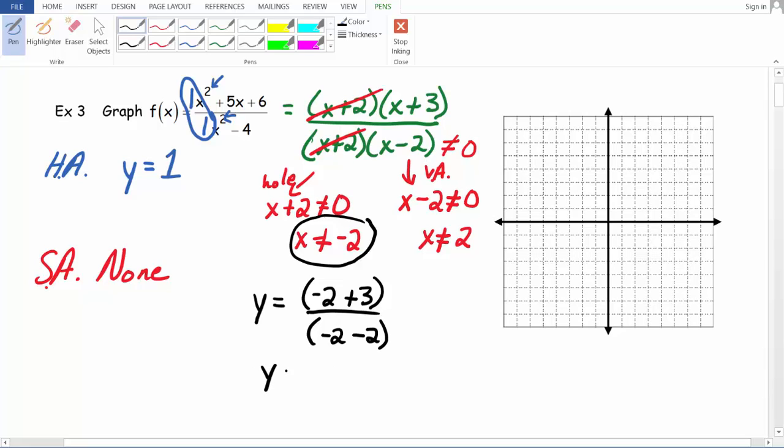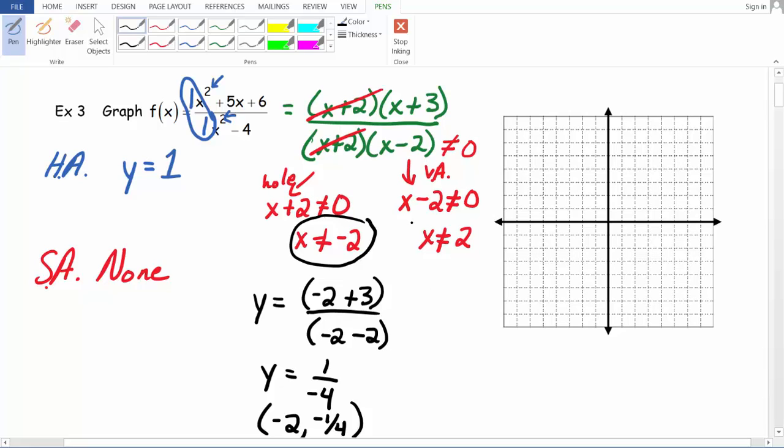So it looks like our y value comes out to be 1 on top over negative 4 on the bottom. So our hole is actually going to happen at negative 2 comma negative 1/4. It's an actual coordinate point that we'll see in a moment, that it's actually a full hole instead of like an asymptote.